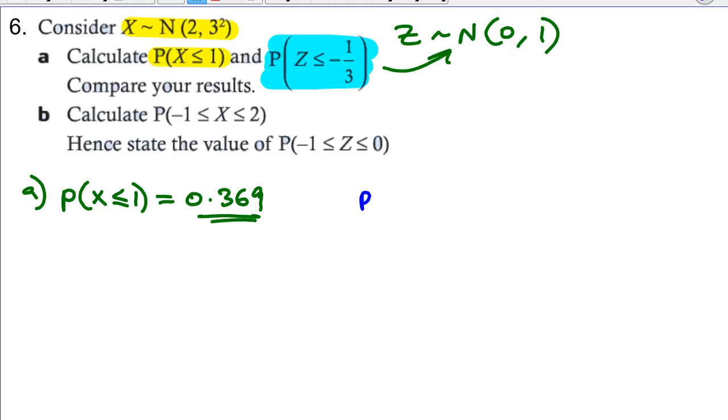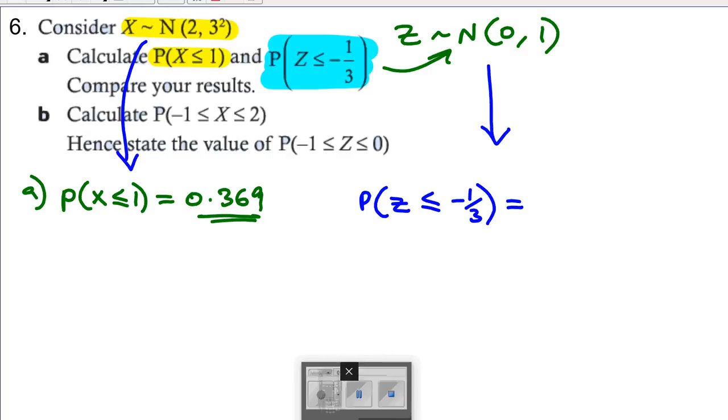How about the probability that z is less than or equal to negative a third? All right, so here we'll use the z distribution. Here we used that distribution, so here we'll use the other distribution, the z distribution.